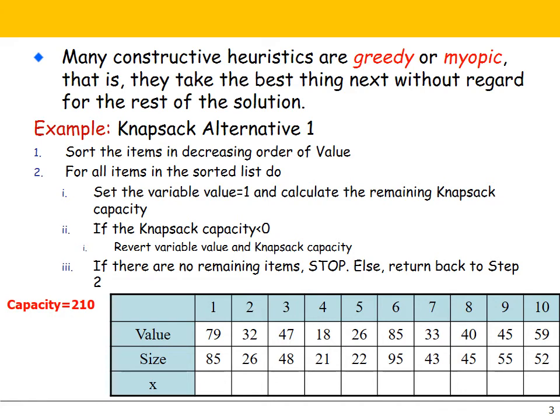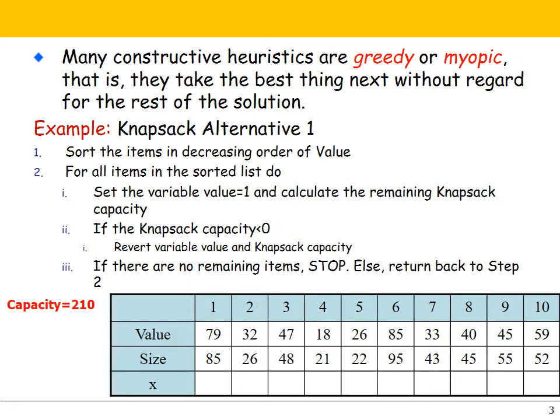Many construction type heuristics are greedy. Why are they called greedy? Because when they make a new decision, if there are some alternatives for this decision, they always select the one which improves the objective function value the most. So they make the best choice among all alternatives.